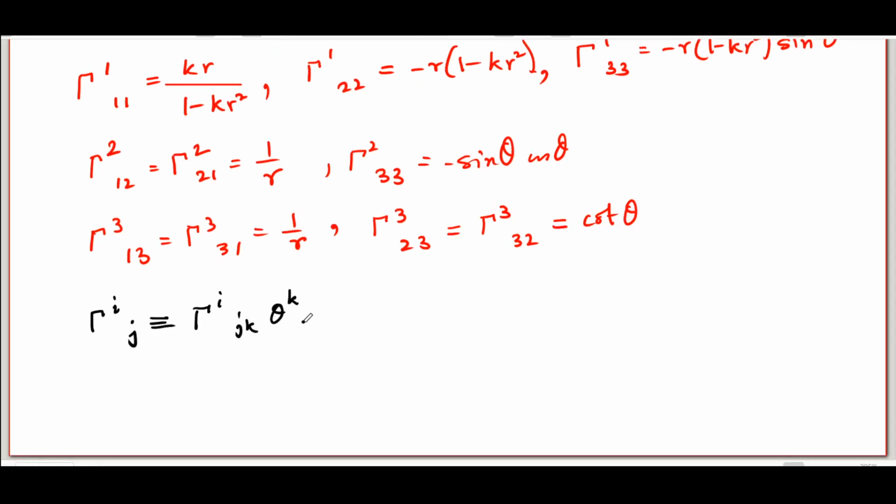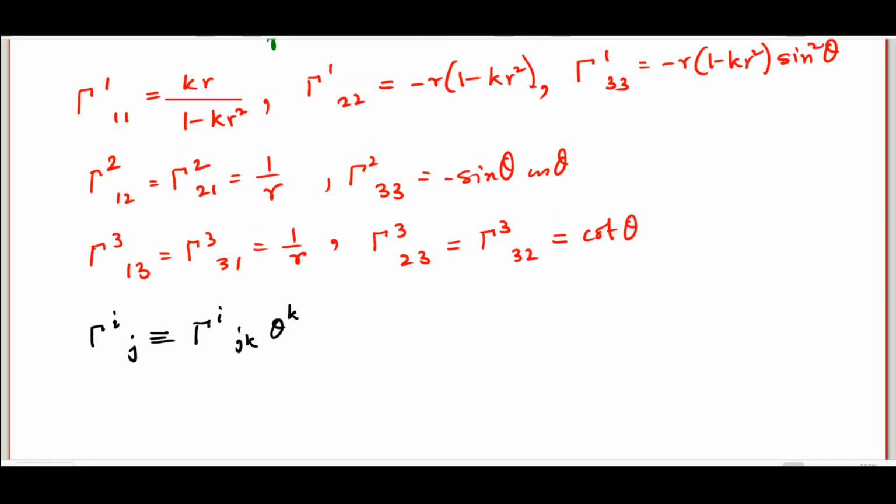Gamma 1, 1 is simply going to be gamma 1, 1, 1 theta 1, and theta 1, of course, is dr. So we have kr dr by 1 minus kr square. But there is no other gamma with the first two indices being 1, no gamma 1, 1, 2 or terms like that. So this is all that you have in gamma 1, 1.